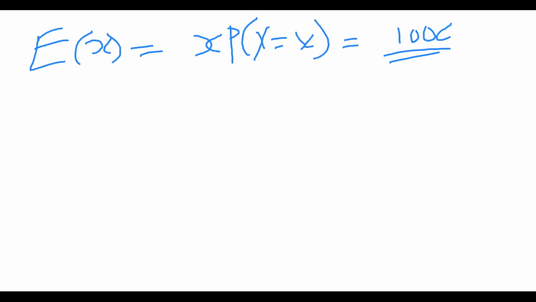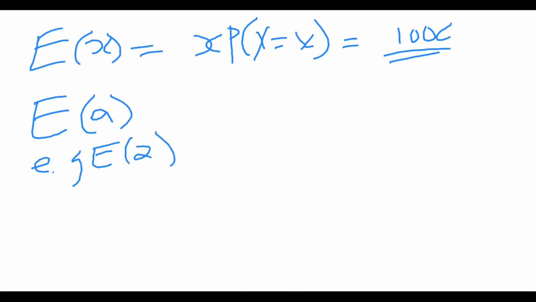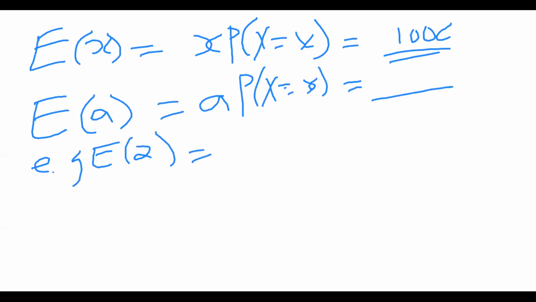Likewise, in case you're going to get the expectation of any constant a, let me just use the a, expectation of 2, you're going to simply have that a times the probability of x equals to x. So multiply that a with the probability of all the values of x, you get the answer there.